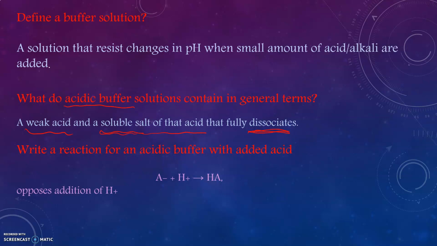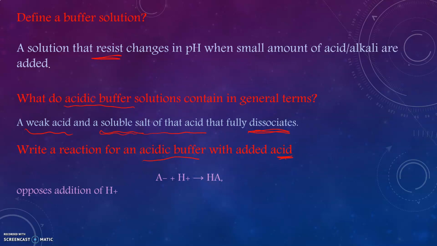Okay, so this is the equation of the reaction when an acid is added to an acidic buffer. If you have an acidic buffer with acid added, we said, remember, that it resists the change of pH.